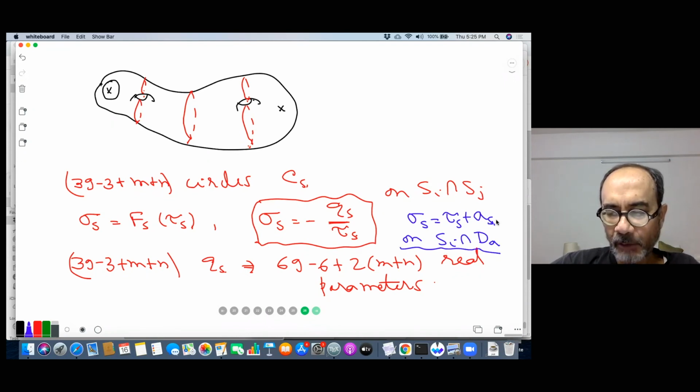So as far as parameter counting is concerned, it gives exactly the same set of variables. So there is a lot of freedom in labeling the moduli space.